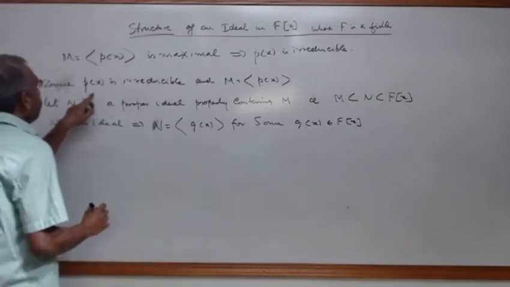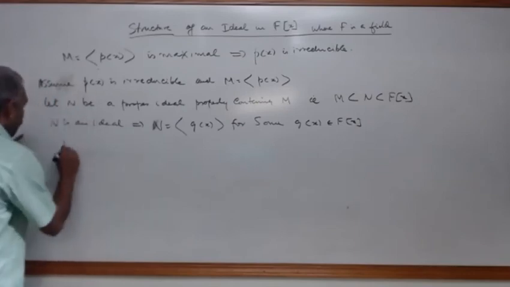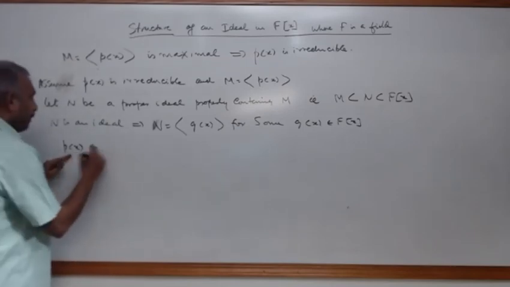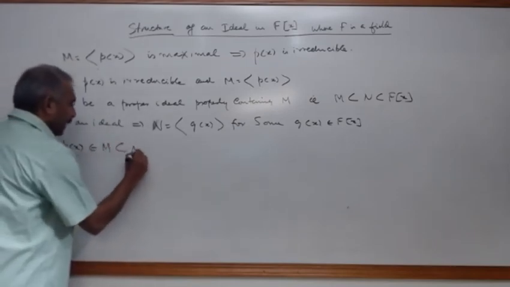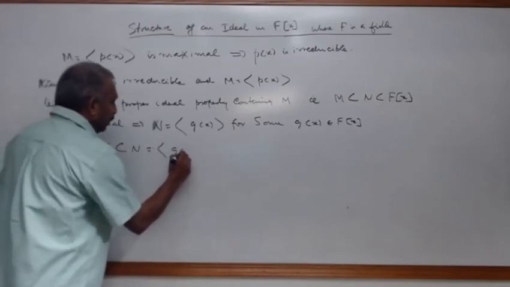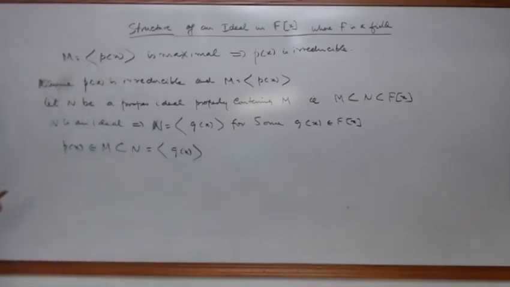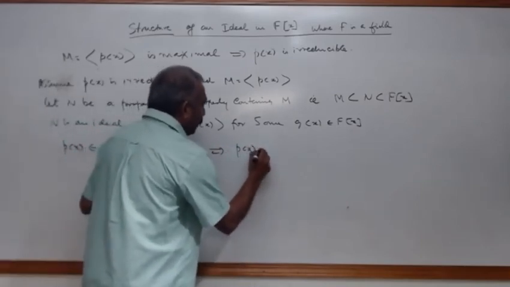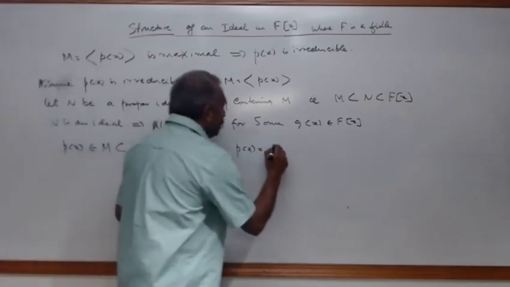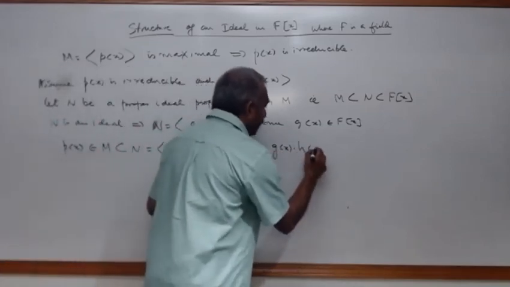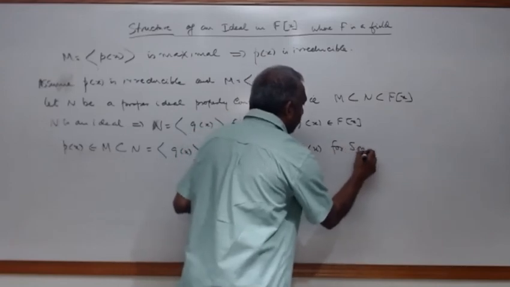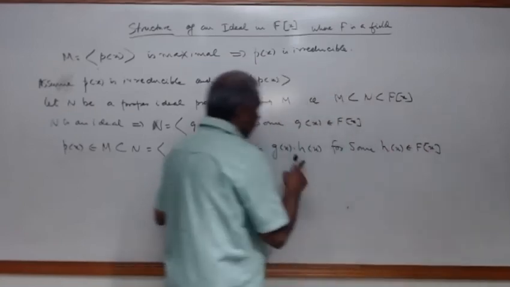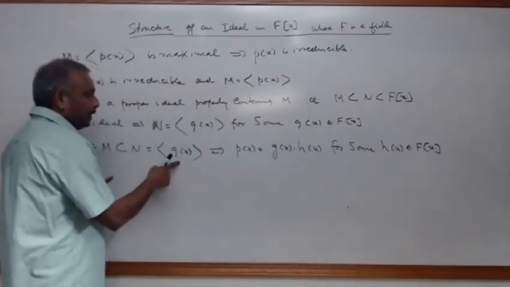Now M is generated by p(x). So p(x) belongs to M, and that is contained in N, which is equal to the ideal generated by g(x). So that means p(x) is equal to g(x) times h(x) for some h(x) in F[x], because that is how a principal ideal is generated.